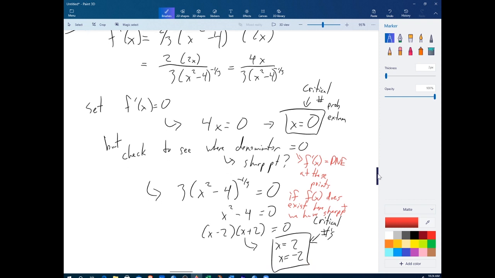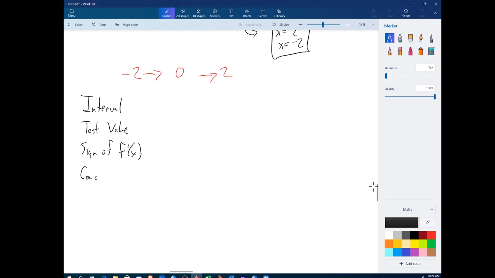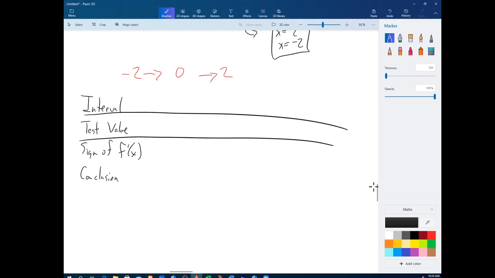Okay. Alright, so 0, -2, and 2. Those are my numbers, which of course on a number line go in that order. And again, the more you do the table, the more second nature the order of those comes.